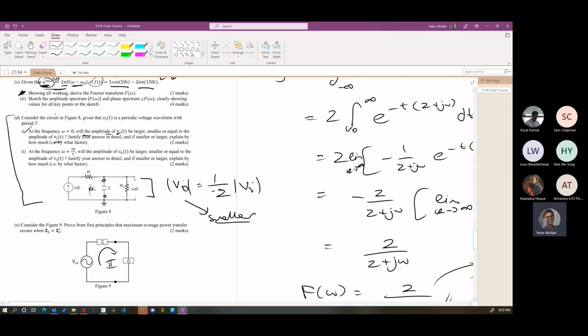So you'd use your transfer function, have a look at it, and then consider whether this increases or decreases V naught's magnitude compared to VI. Okay, perfect. And the factor would be when you evaluate that at 2 pi on T.